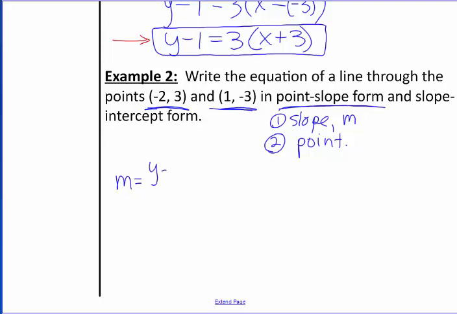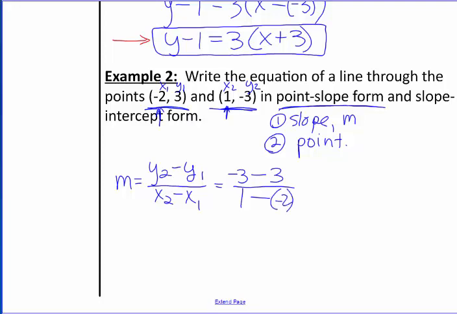So the slope is y2 minus y1 over x2 minus x1. Then label your points. We can use this first one as x1, y1. The next one is x2, y2. And you plug the numbers into the correct spots. So our y2 we labeled as negative 3, minus the y1, which is 3, divided by x2, which is 1, minus x1, which is negative 2.